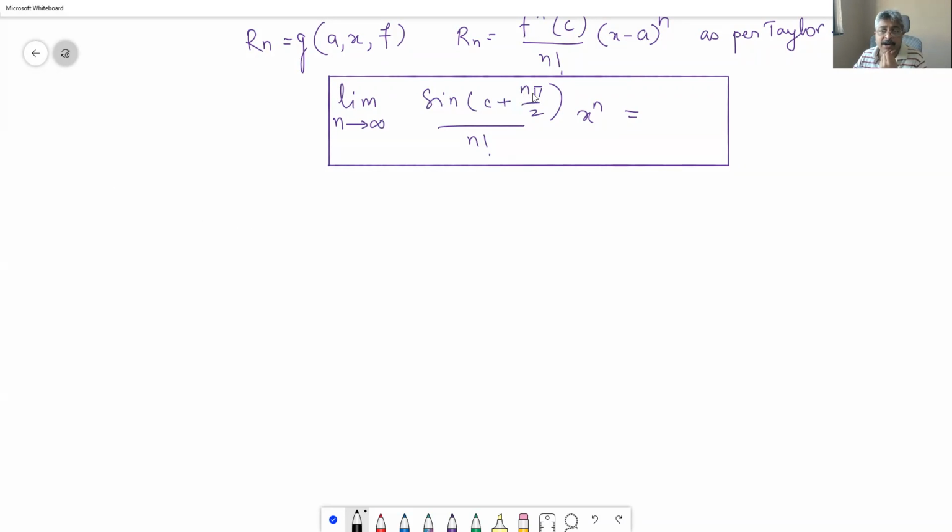So it is not a trouble-causing element as far as this term is concerned. Therefore, we can split this limit in two parts: the limit as n tends to infinity of sin(c + n pi by 2) into x raised to n upon n factorial.